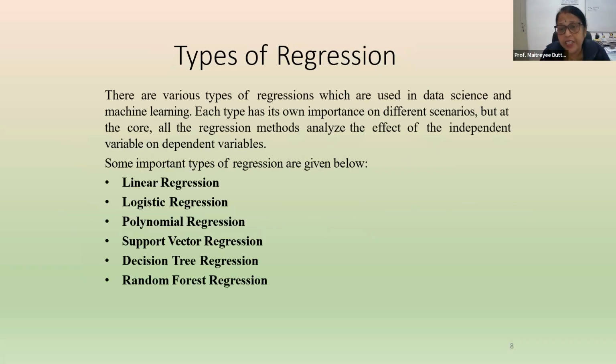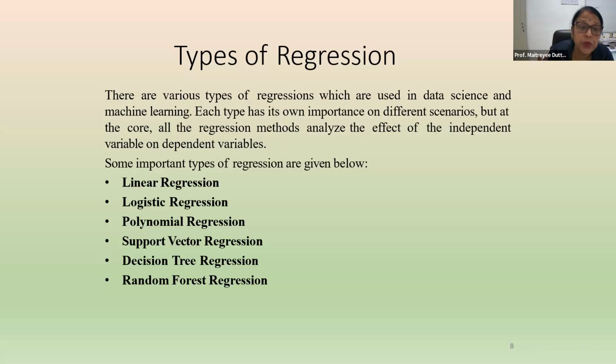So these are some terms that we use in machine learning. Types of regression that we have: linear regression, polynomial regression, support vector regression, decision tree regression, random forest regression, and some regression analysis we actually use for classification.